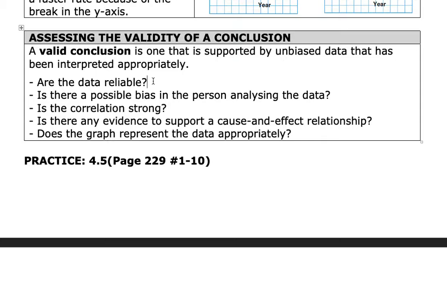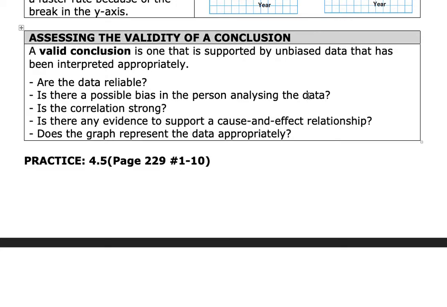So if it is an unbiased researcher, it is more likely to be reliable data. Is there a possible bias in the person analyzing the data? If there is a possible bias in the person analyzing the data, then they may just be looking at the cases that are favorable to the outcome that they desire, that would be beneficial to them. So be aware of that.